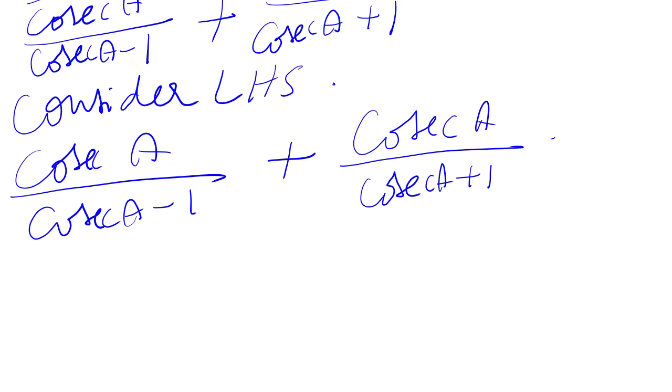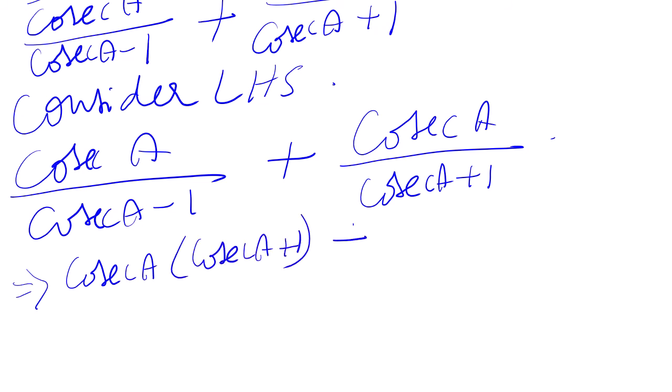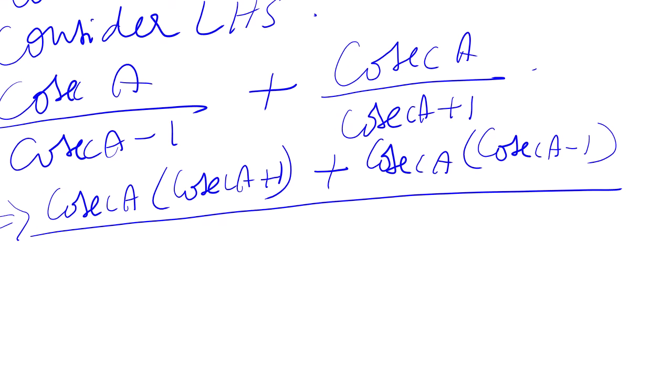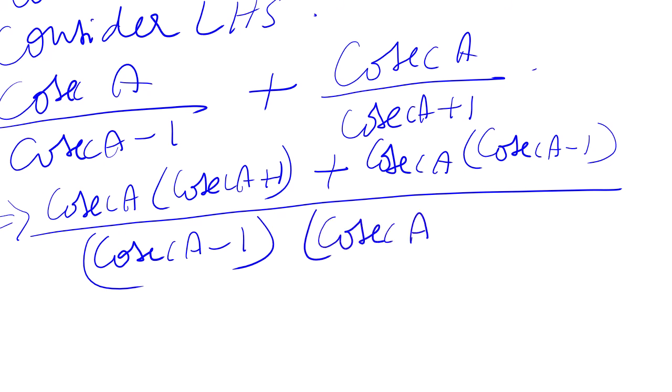So let us do cross multiply. So cosec A into (cosec A plus 1) plus cosec A into (cosec A minus 1) whole upon (cosec A minus 1) into (cosec A plus 1).